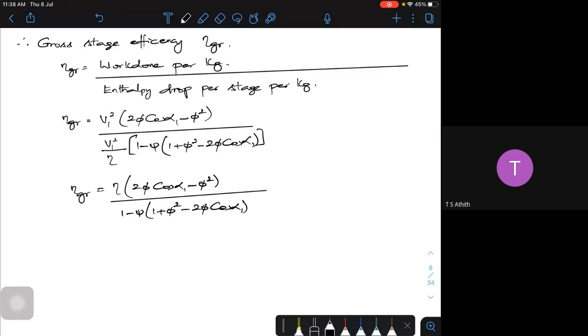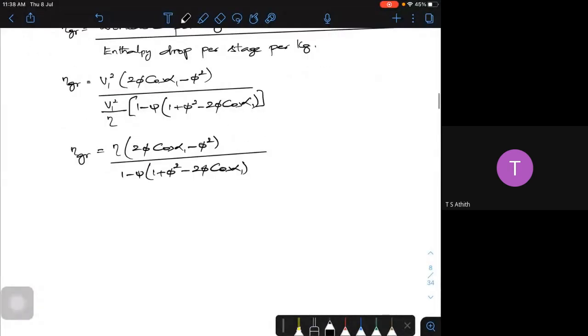Okay, this is the expression. Or if I want, I can retain the nozzle efficiency in the numerator, and this is simply simplifying, that's it.